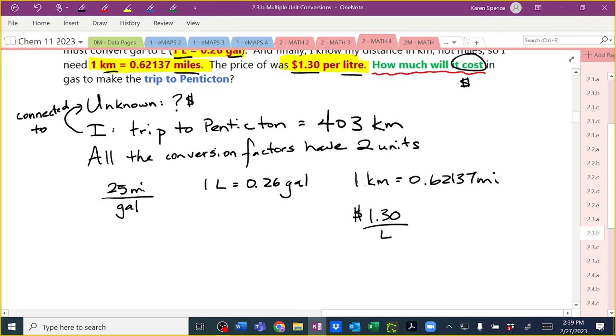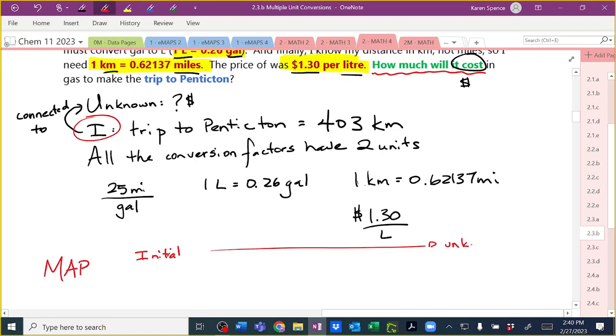It might help you to map this problem. So let's do a map. We always start with our initial quantity, and we convert it all the way to our unknown.